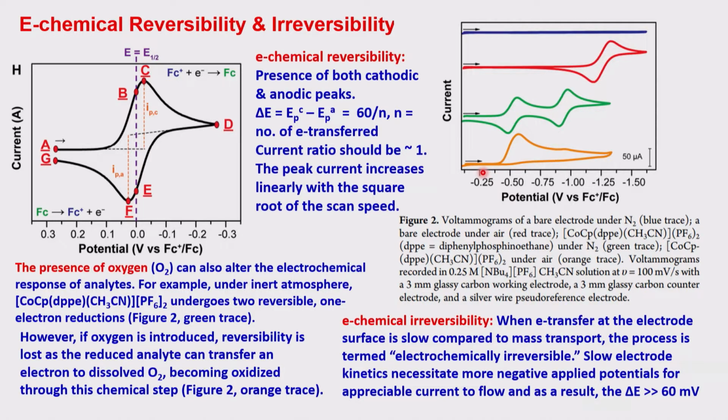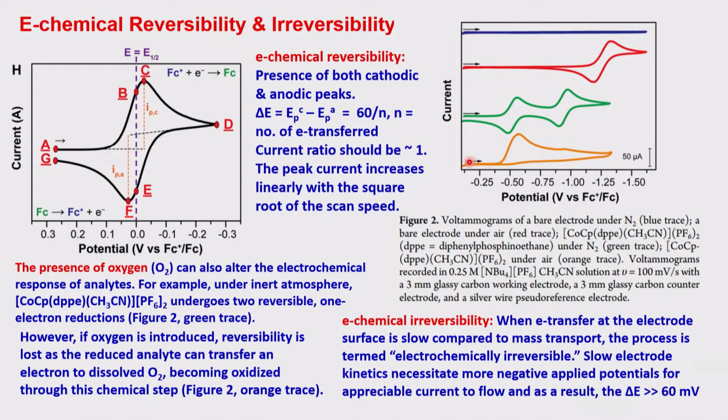Why is it so? All the change you have done is not in the potential, not in the current, not in the electrode, but only the atmosphere present in the reaction medium. One is inert, like argon or nitrogen, and the other one is air, which contains oxygen. So that means oxygen is doing something that you need to think about.